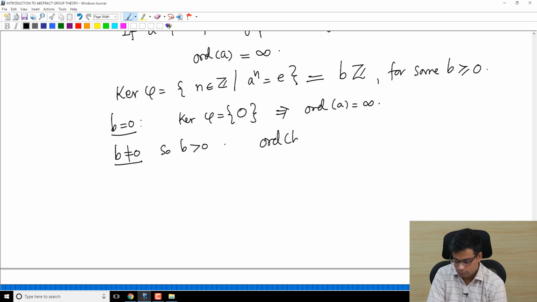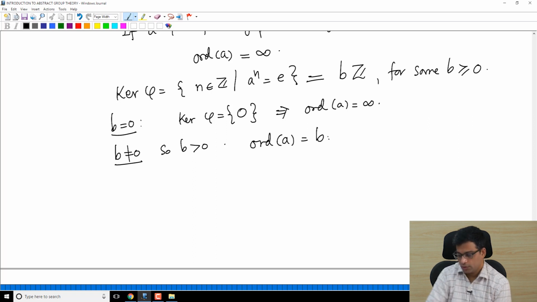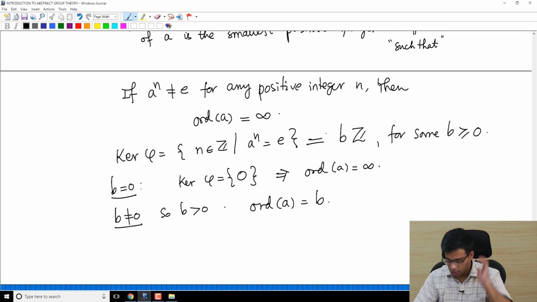Remember the kernel is bZ and b is positive, so the smallest positive integer such that A power n is e is b.